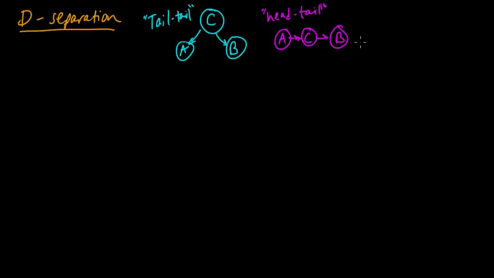And we had a third one which was A and B both going to C. And this was a head to head relationship.